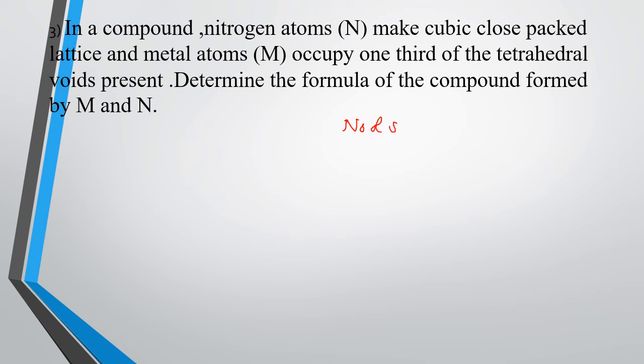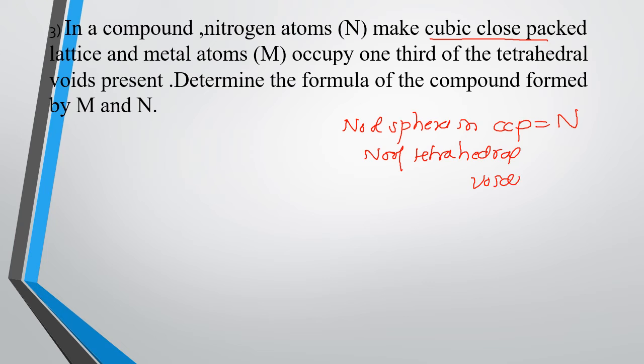Number of spheres in CCP, cubic close packing, if it is equal to N, then the number of tetrahedral voids is also equal to 2 into N. Okay, so we have atom N and M ratio. If you consider the nitrogen atom is in the CCP, let it be N, or you can directly write 1.